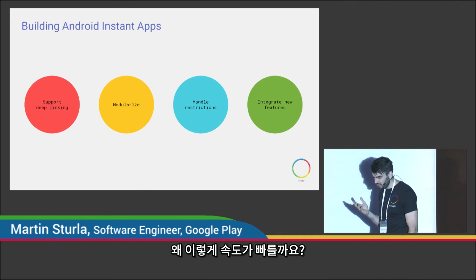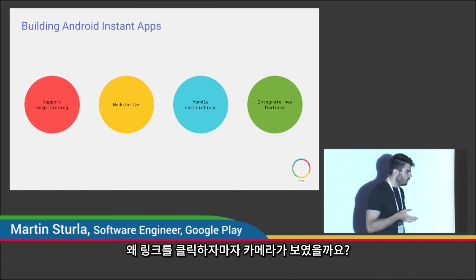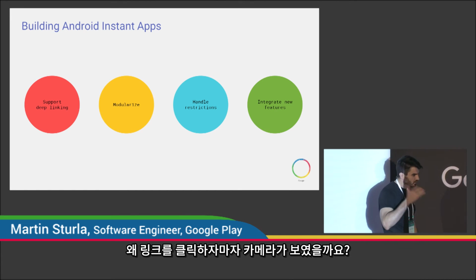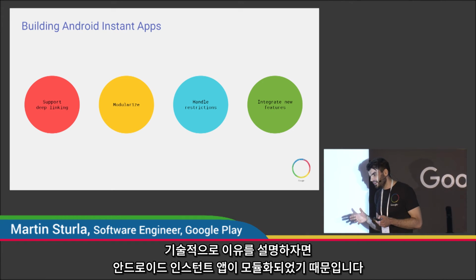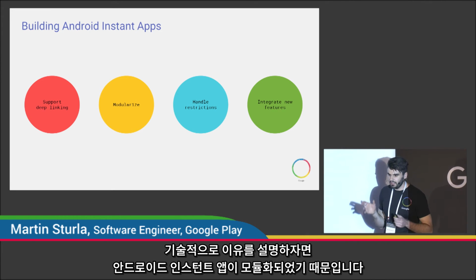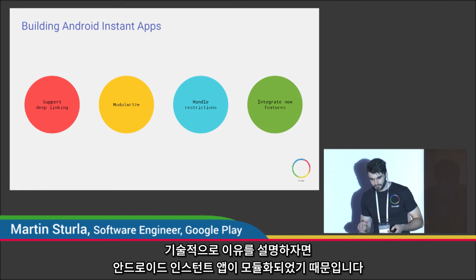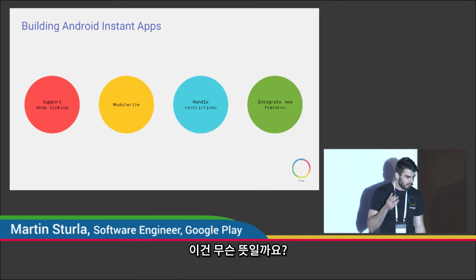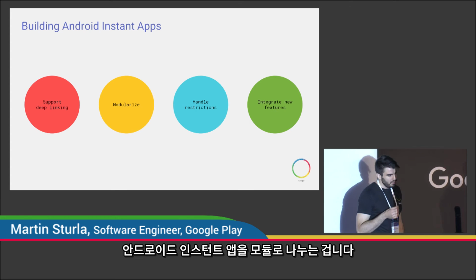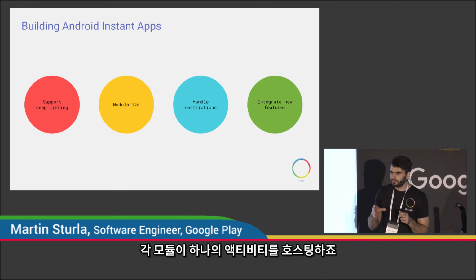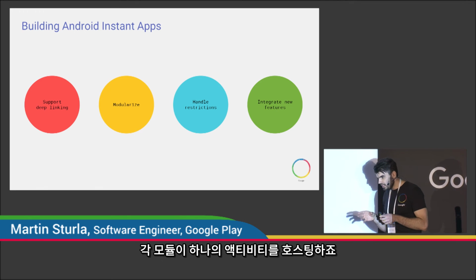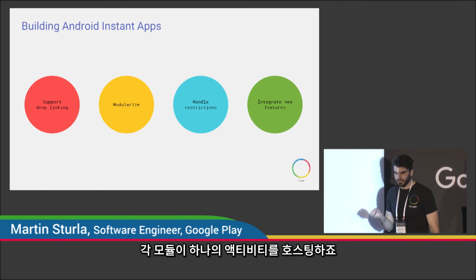Well, the question is, why is it so fast? Why do I click the link and I just see the camera popping up? Well, the reason behind this, and the technical explanation, is that Android Instant apps are modularized. What does this mean? It means that you will split your app. Android Instant Apps are split into modules. And each of these modules hosts an activity.